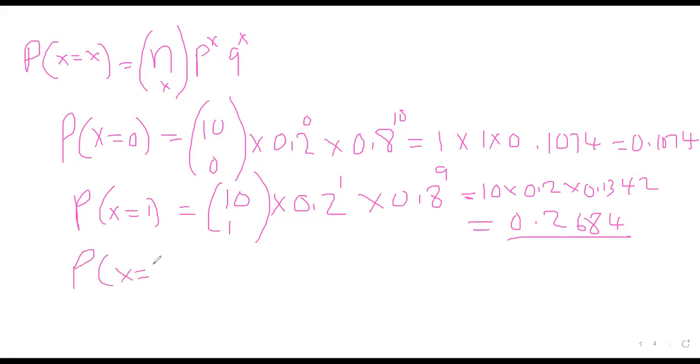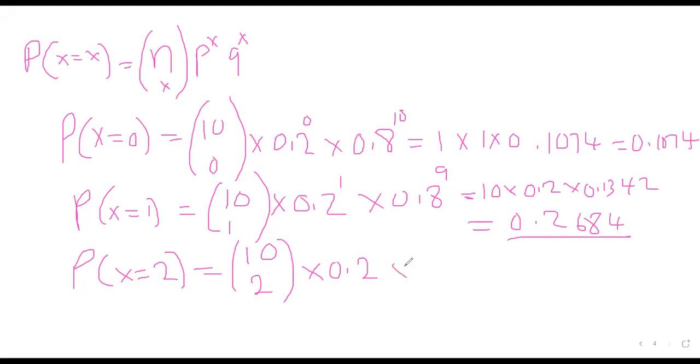So I want a lady to lead us through. X is equal to 2. How do we find our combination? What do we get? How do we find that? So it's 10 combination 2. Yes. What do we have here? 0.2.